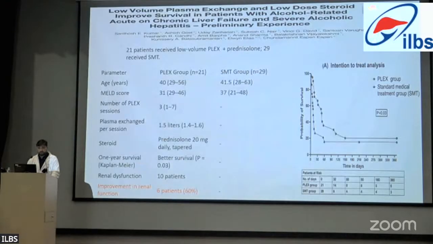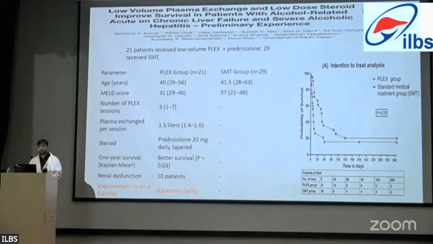In view of this, limited studies have been done in various institutes. The first study was at CMC Vellore, in which low volume plasma exchange was added to low dose steroid in patients of alcoholic hepatitis, and it was compared with standard medical therapy. This study was the basis for the calculation of the sample size for our thesis.